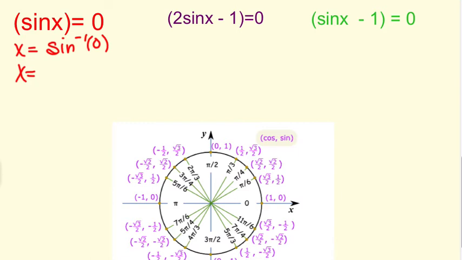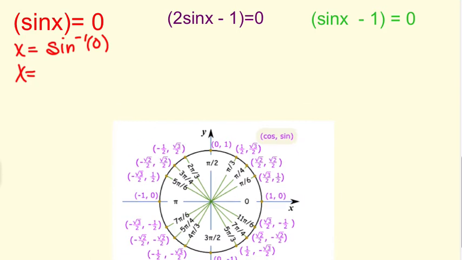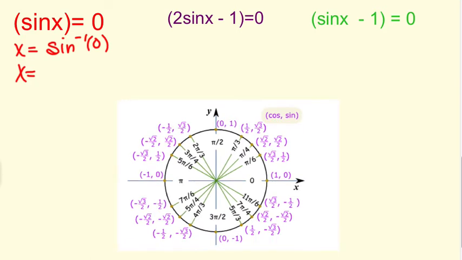And we want to find out when do we have a 0 for y. So here's our y value of 0. It's at 0 radians, or here's another 0 at pi. So we have two answers, 0 radians and pi radians.